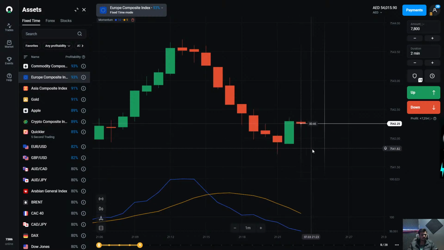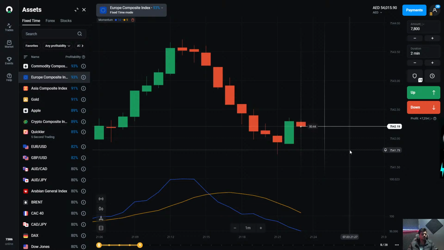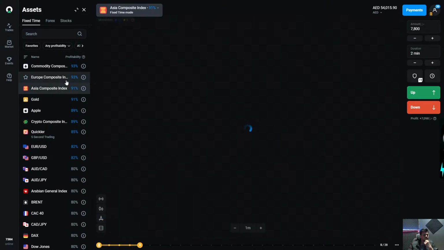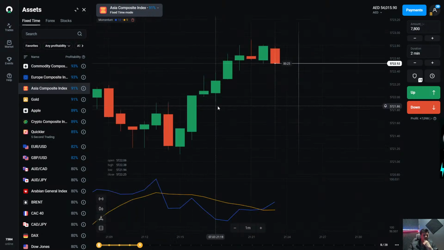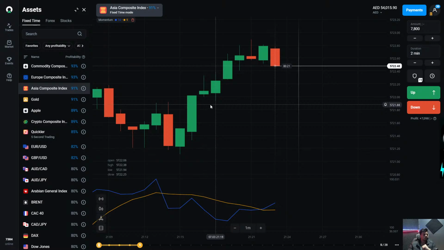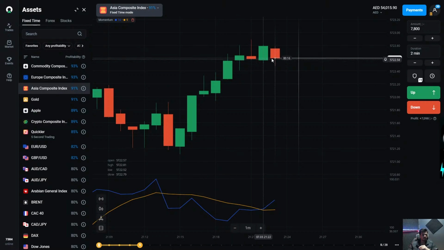I think it's again just trying to move upward and upward. So here's a composite index, it's moving downward now. It will come back again to the upward.